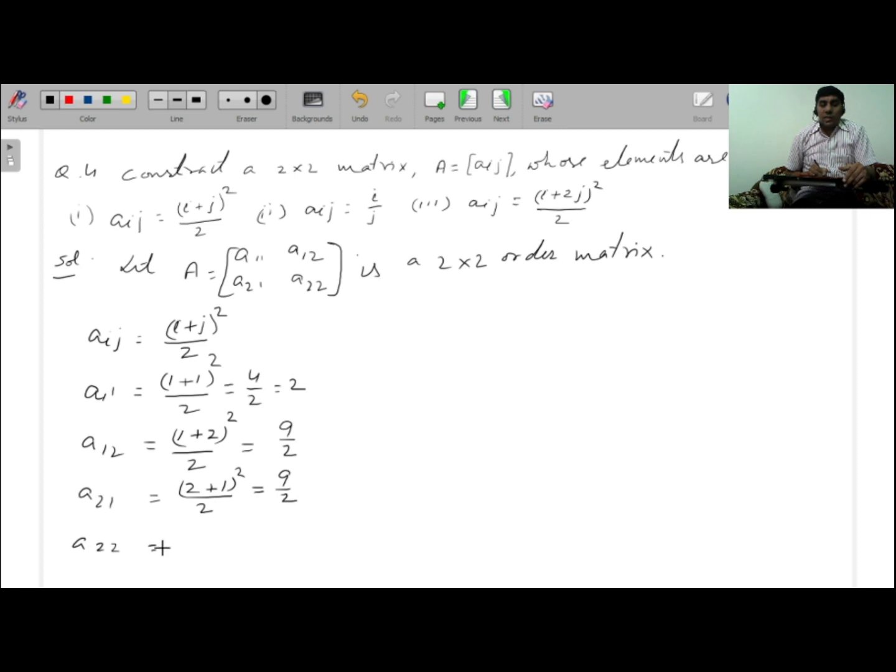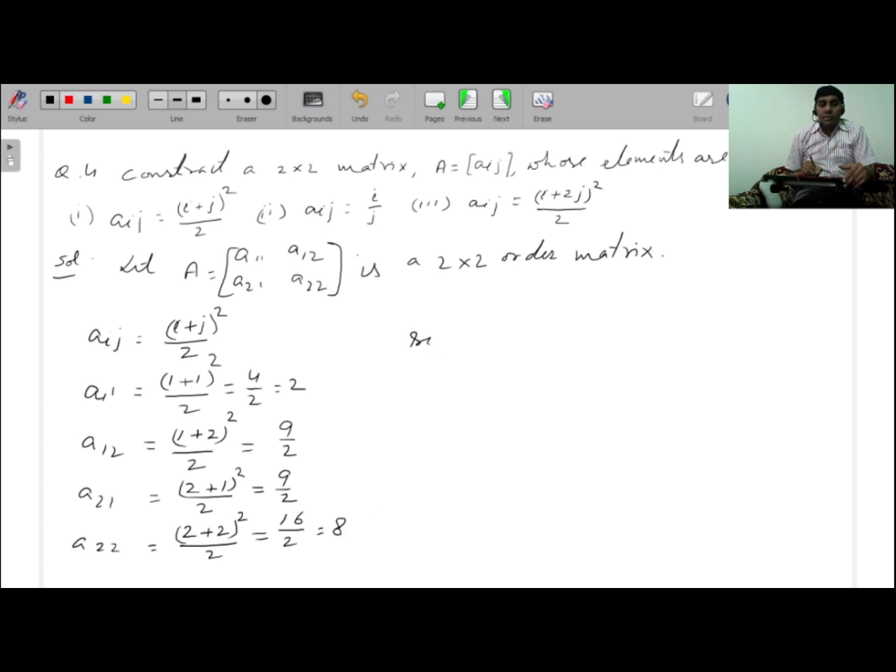A22 is equal to, i is 2, j is also 2, and its square divided by 2. 2 plus 2 is 4, 4 square is 16, 16 divided by 2 is equal to 8.